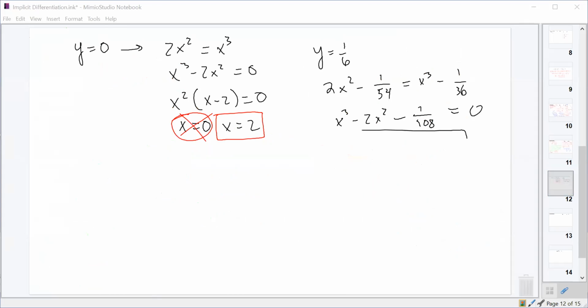All right, so it should be x cubed minus 2x squared minus 1/108. Oh yeah, that comes out to be 2.002. I just did that on my other calculator. X equals 2.002.